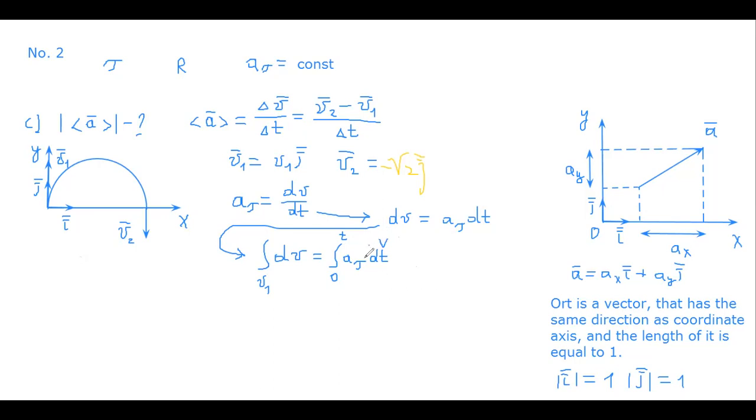Because this and this must be written differently, because we cannot use the same letters in integral and in integral limits. And the same situation will be on the left side of this equation.